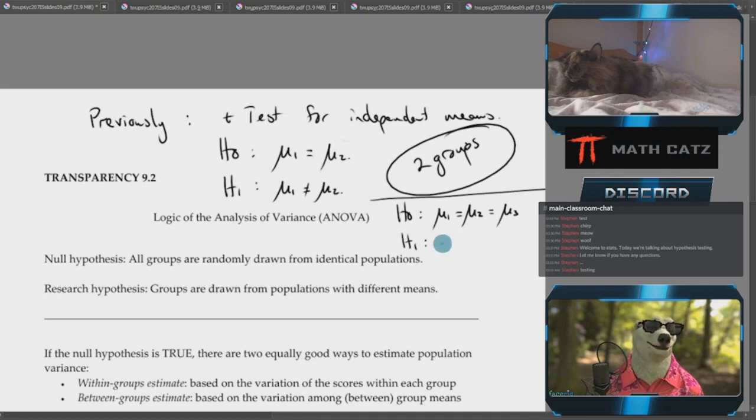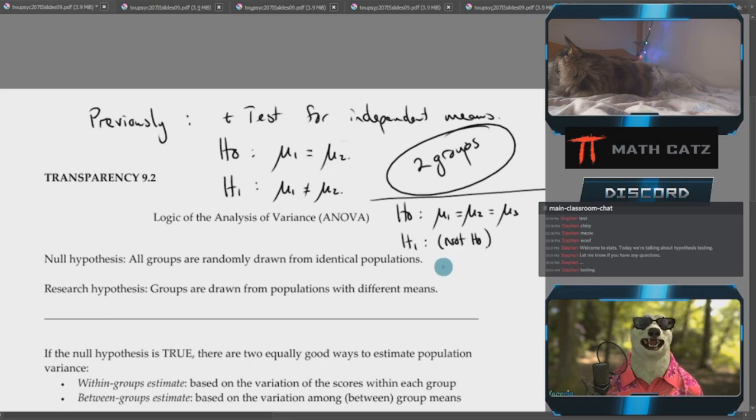And then the research hypothesis will be that for 2 of them, they're not the same. Let's just say like this, it's not the null hypothesis. mu1 and mu2 could be the same, but not mu3. There is something among these groups or these populations that's not the same.